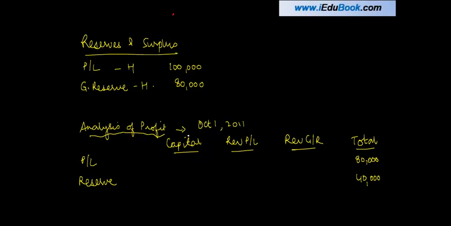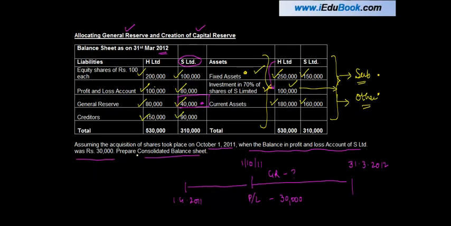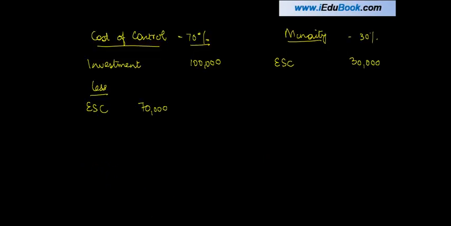What are capital profits? Capital profits are the profits earned up to the date of acquisition, right? Now, if I go back, I have been told that the acquisition happened on October 1, 2011 when the balance in profit and loss account of S Limited was 30,000. So on the date of acquisition, the balance in profit and loss account is 30,000, right?